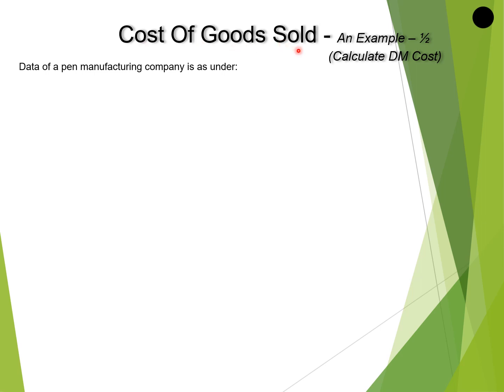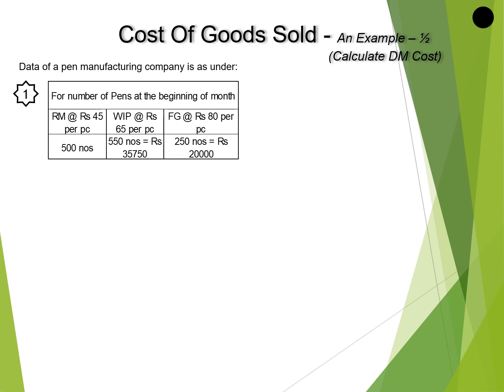We'll take one example and we'll calculate direct material cost on this slide. So data of a pen manufacturing company is as under. The first data is for number of pens at the beginning of the month. We had raw material for 500 pens at the rate rupees 45 per piece.